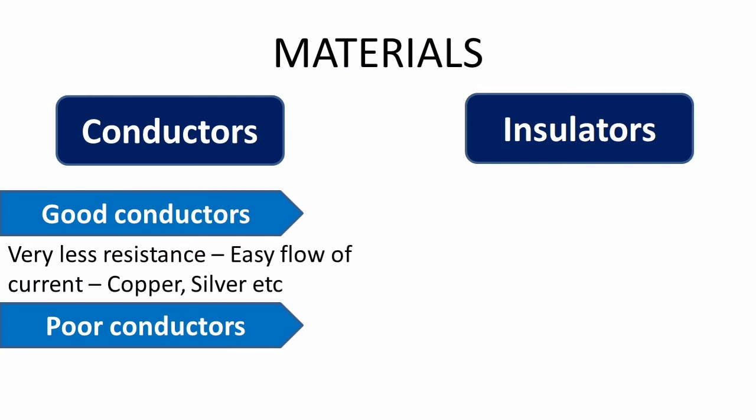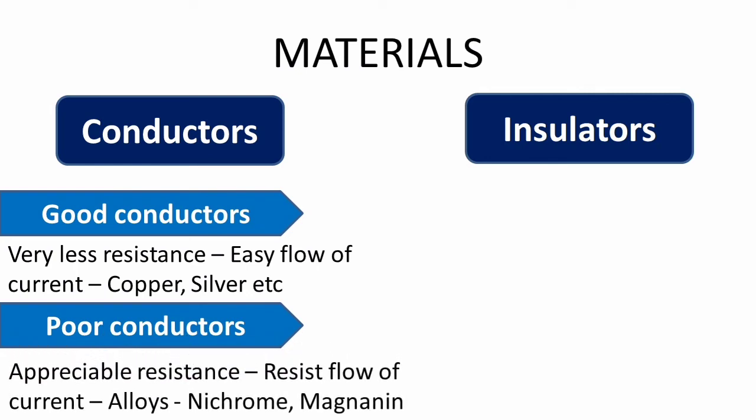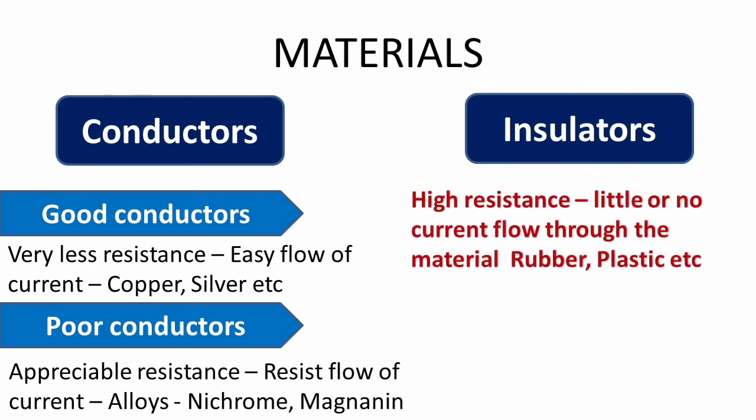When there is an appreciable resistance which resists the flow of current, it becomes a poor conductor. Whereas an insulator offers high resistance to the flow of current. Materials like rubber, plastic, glass, etc. are insulators because they offer extremely high resistance and little or no current flows through them.